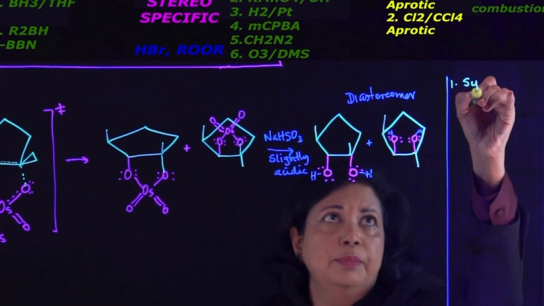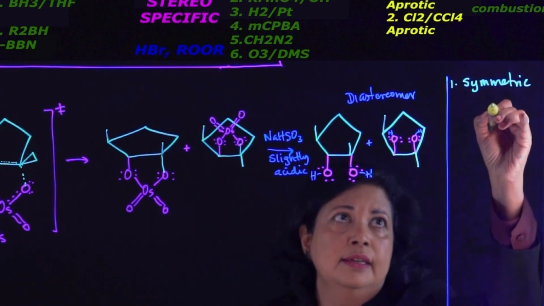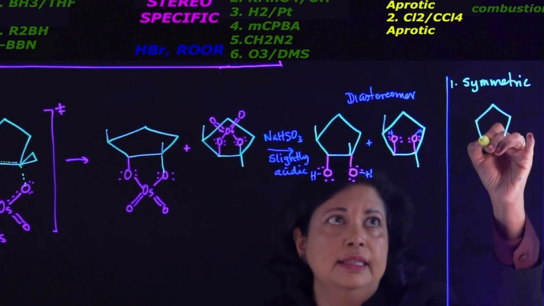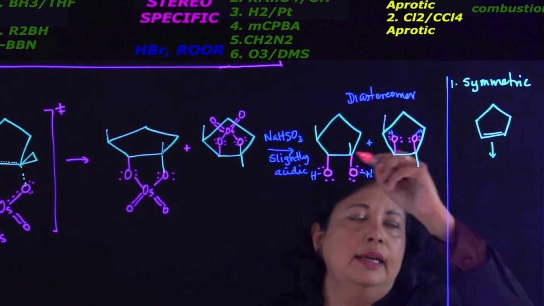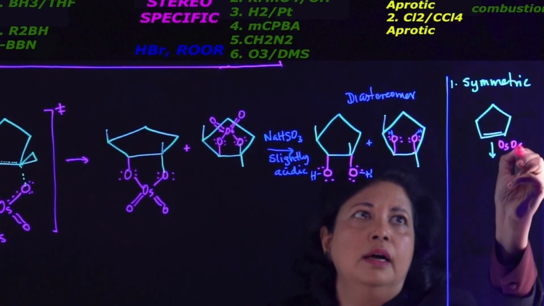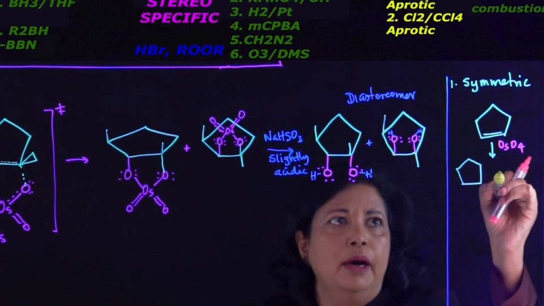Let's take, for example, a symmetric alkene. If you have a symmetric alkene like this, you are going to get, with osmium tetroxide and the workup, I'm just going to put OsO4, a symmetric compound.